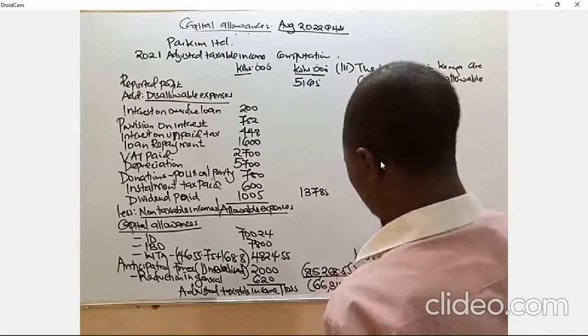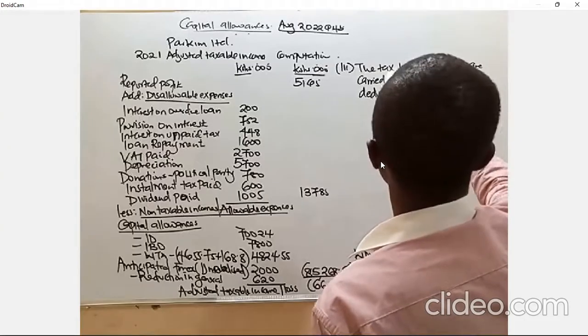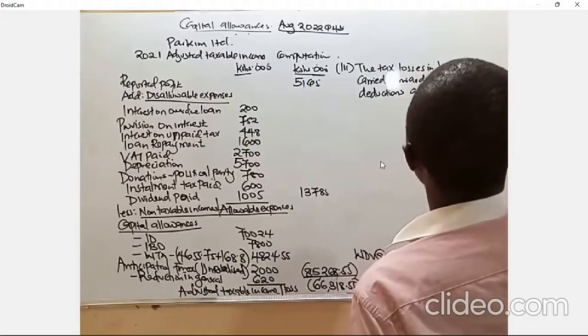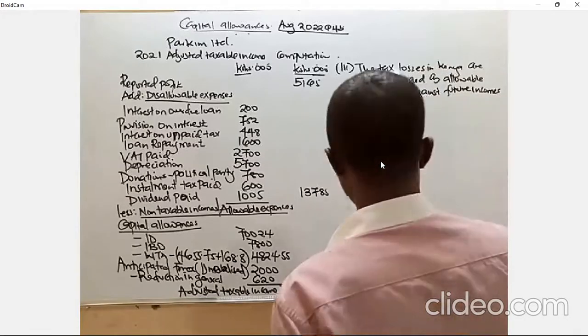They are normally carried forward as allowable deductions against future incomes arising from the same source.